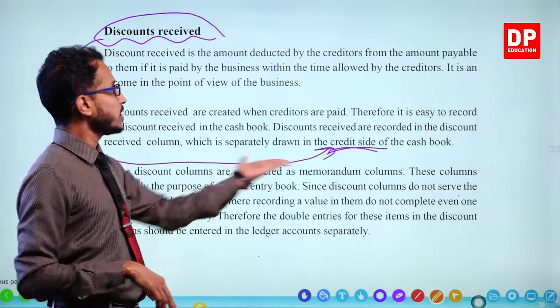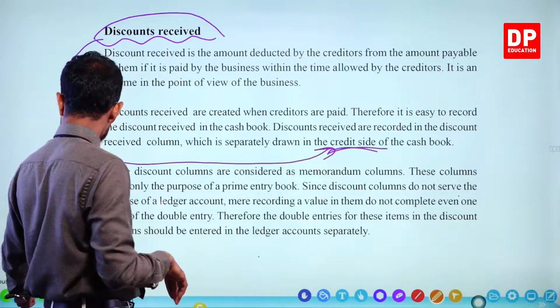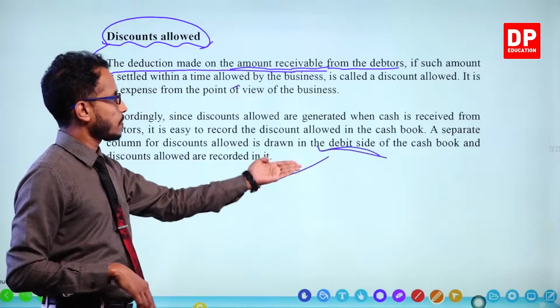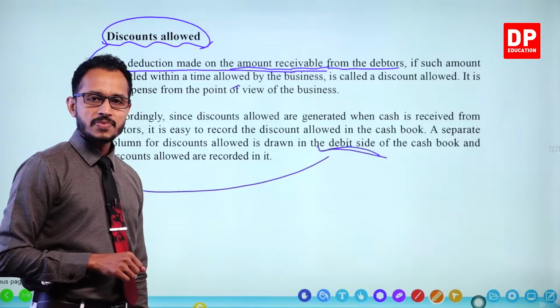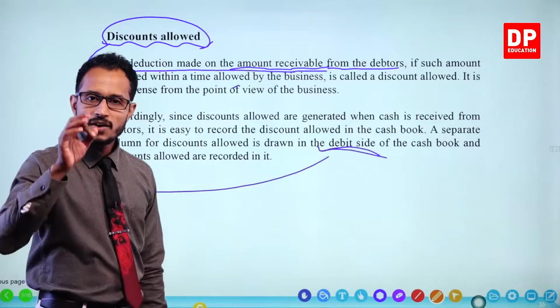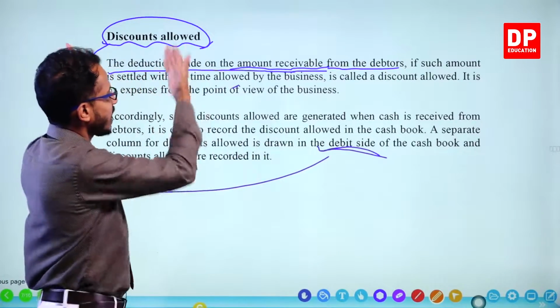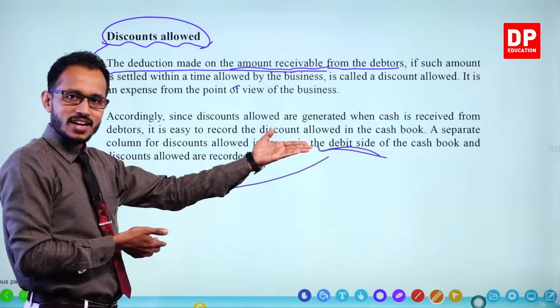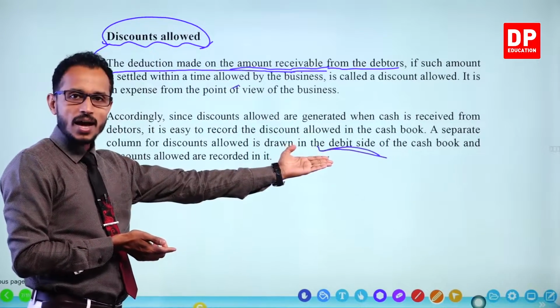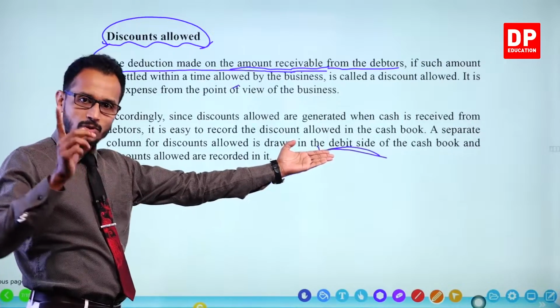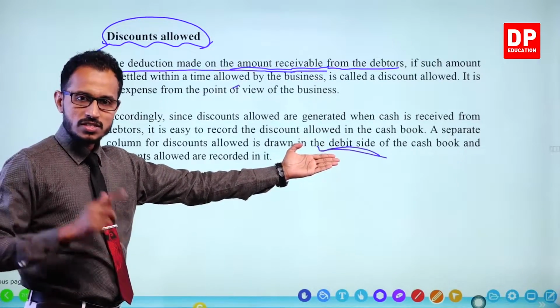Discounts received and discounts allowed. You have noticed that this is how we ended the previous session, with these markings. So I brought the slides back to you, just to remind you.